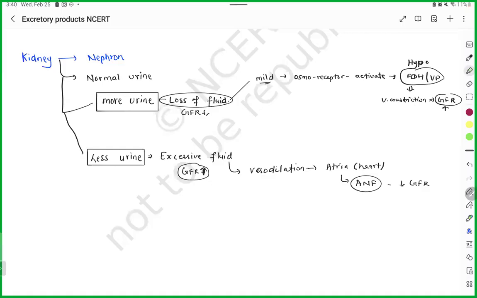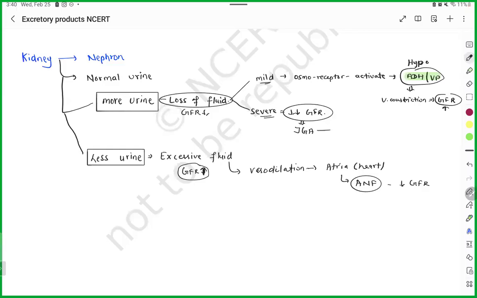But severe situation can also happen. In case of severe, like very, very low GFR, you need to do vasoconstriction, but at a very strong level. So what will happen? This very low GFR will send signal to the JG system, juxtaglomerular apparatus.